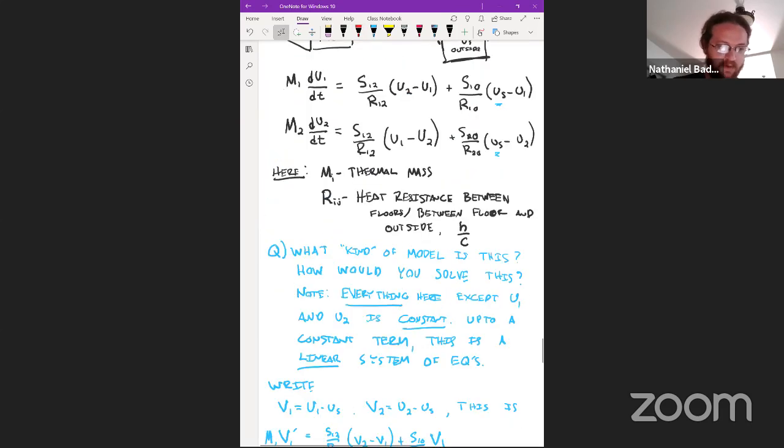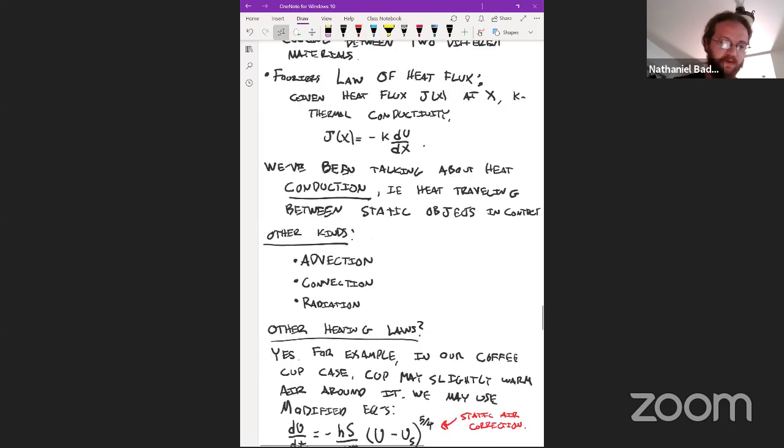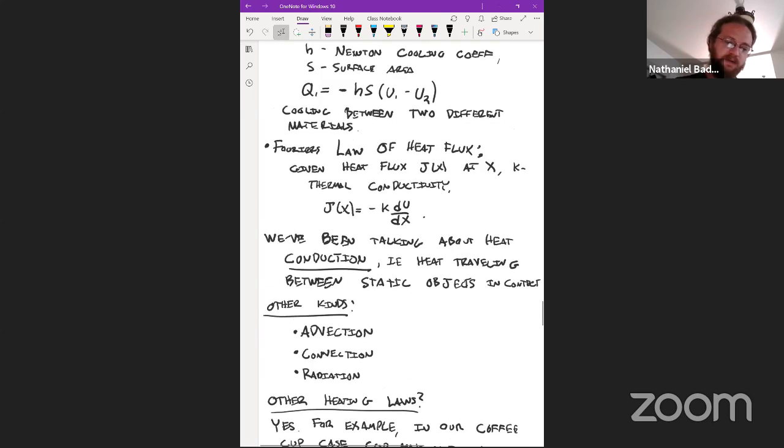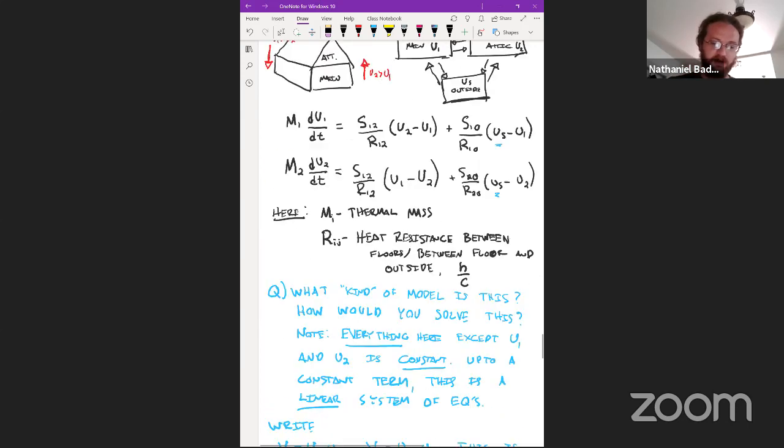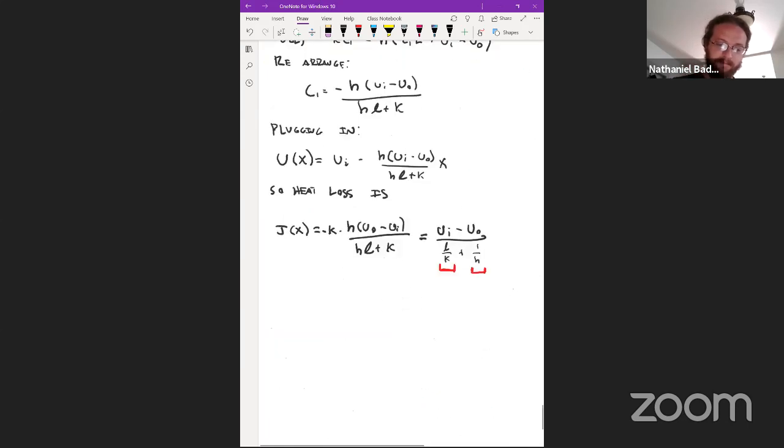Let's recall how we got this. K is the thermal conductivity coefficient, and K depends on the material inside the wall. So this depends on the length of the wall and the material inside it.